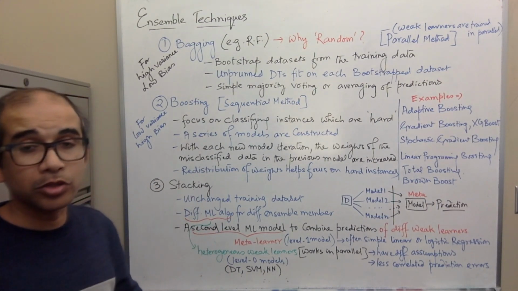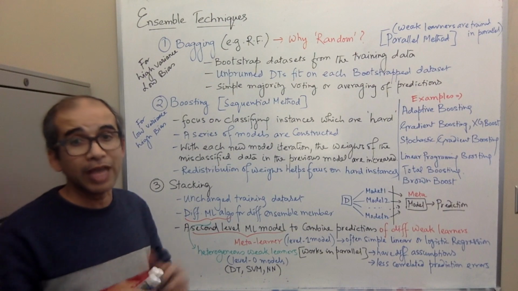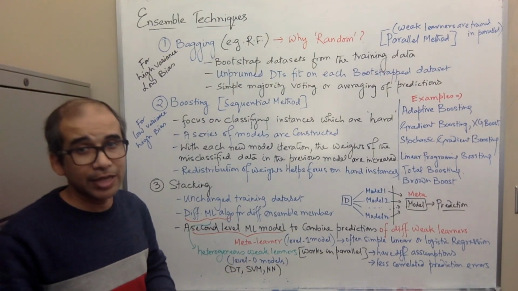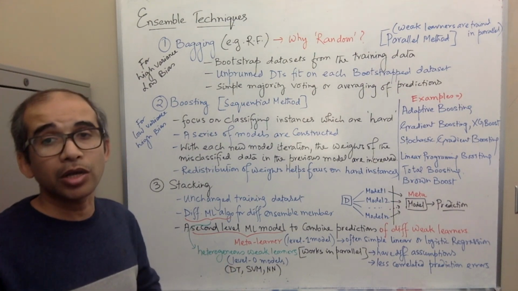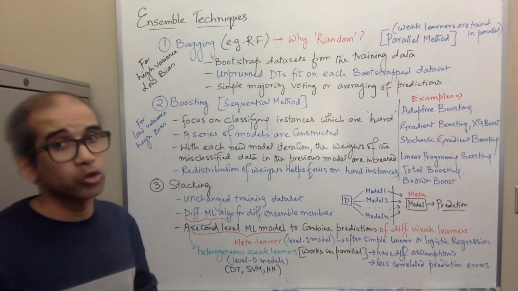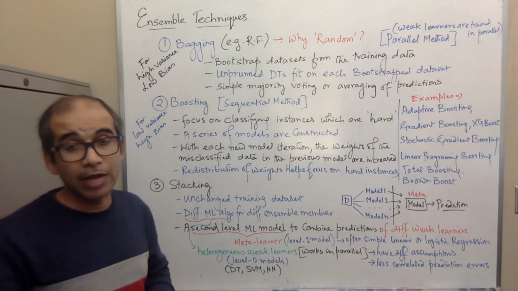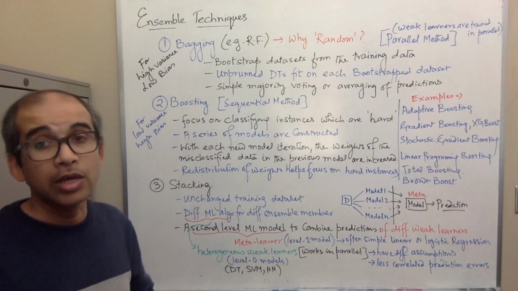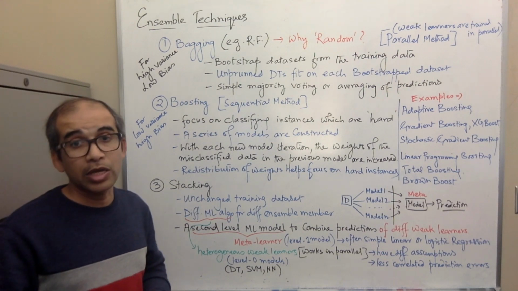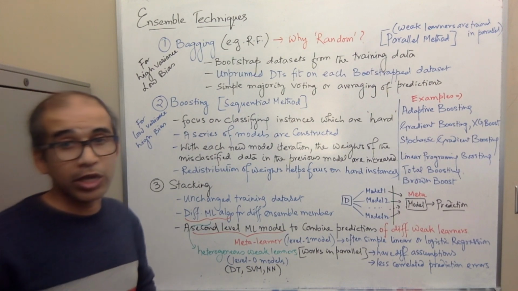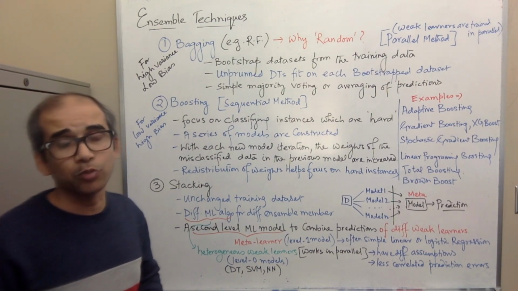This redistribution of weights helps to focus on those hard to classify instances. And there are many such boosting algorithms, like adaptive boosting or AdaBoost, which is very famous, gradient boosting, XGBoost or extreme gradient boosting, stochastic gradient boosting, linear programming boosting or LP boosting, total boosting, Brown boosting. There are many such boosting algorithms.